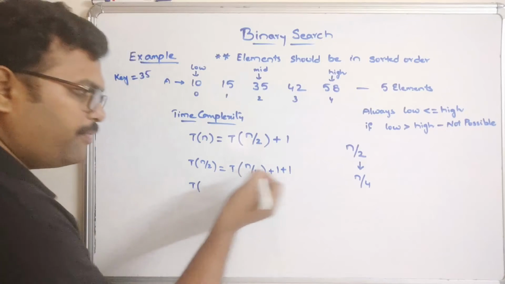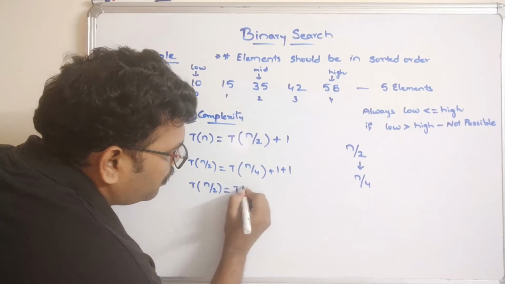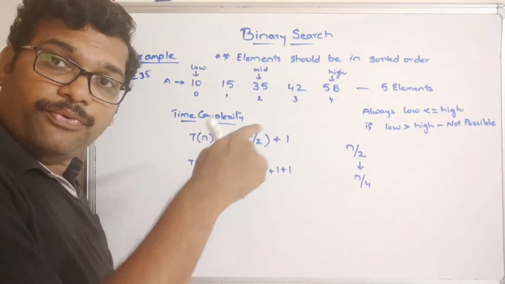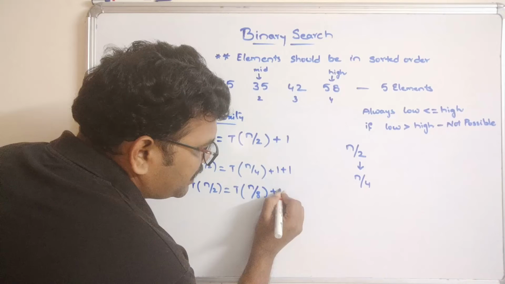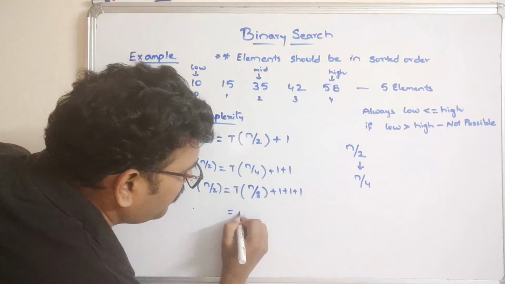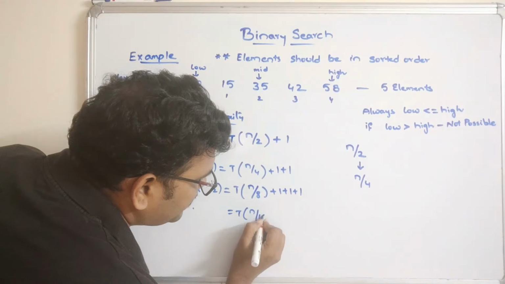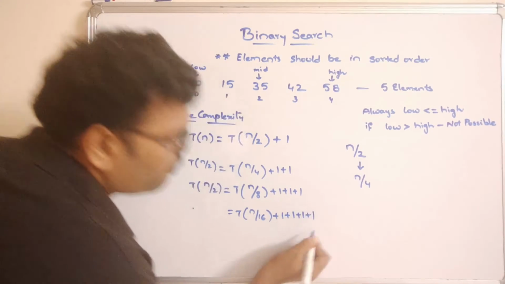And again we are performing the same thing in the next half. So n by 4 half, that means T of n by 8 plus 1 plus 1 plus 1. And similarly T of n by 16 plus 1 plus 1 plus 1 plus 1.